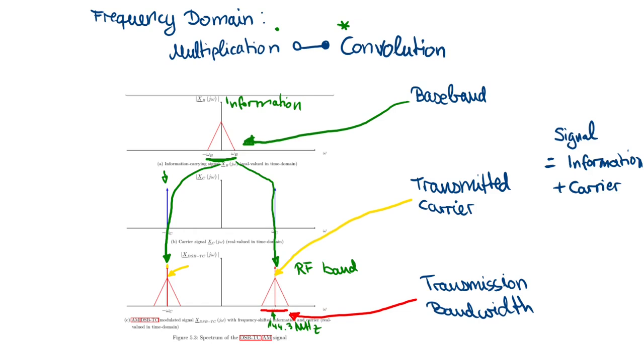The problem is that the carrier does not carry the information itself, so the information is located here in the sidebands around the carrier, but the carrier itself does not contain any information. It just consumes signal power. The power has to be radiated into the air, but it is actually not useful to carry information. And so the idea is to suppress the carrier, and this is the modulation which we will have a look at in the next video.